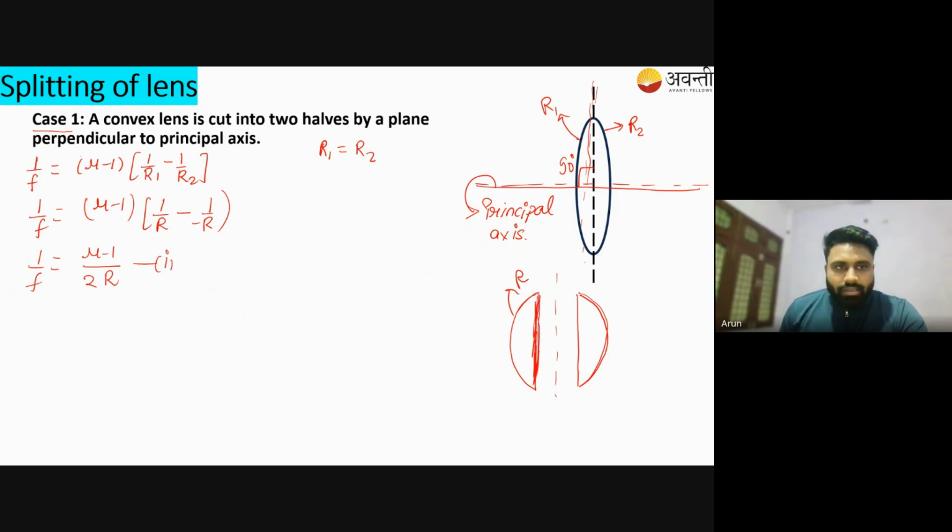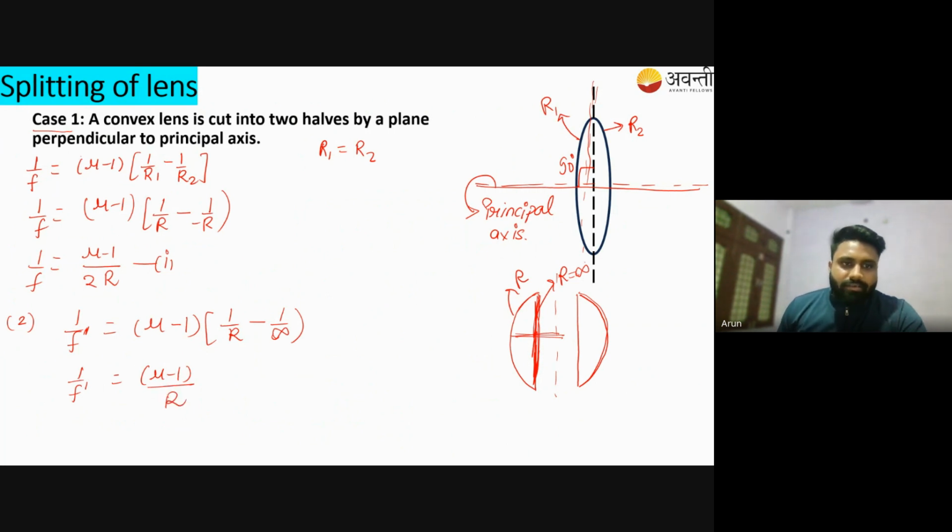For the second part, the focus is f dash. 1 upon f dash is mu minus 1 times 1 upon r1, which is r, measured in the direction of the incident ray so considered positive, minus 1 upon infinity, which is 0. So 1 upon f dash is equal to mu minus 1 divided by r.